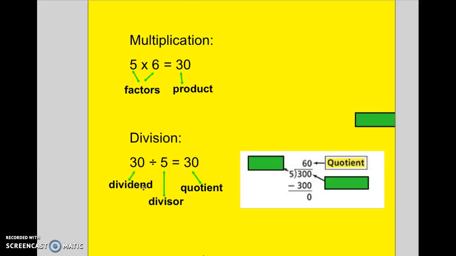Well, the dividend is always the bigger number, the number that you're actually breaking up into smaller pieces. So our 300 is our dividend, and our divisor is our 5. It's the number we're dividing into our dividend. So again, dividend, divisor, and quotient. Those are the three terms that you want to try to learn over the course of this lesson.